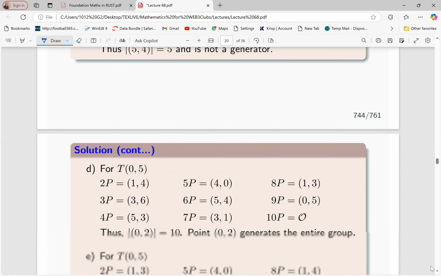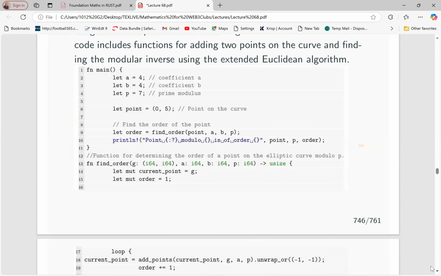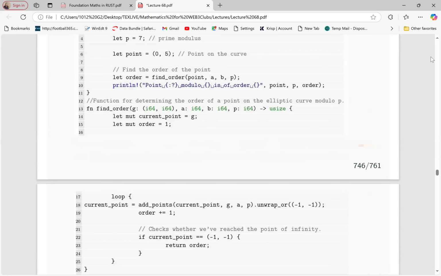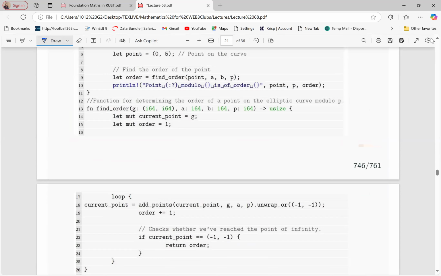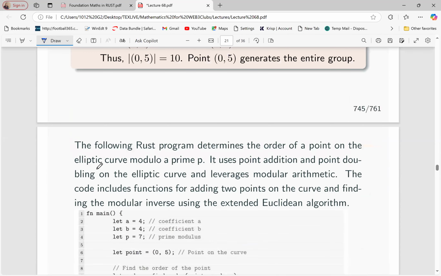So why is my code there for? My code is here. Now, what is the code doing? This code is just to find the order. So I say the Rust code determines the order of a point. That's what it does.